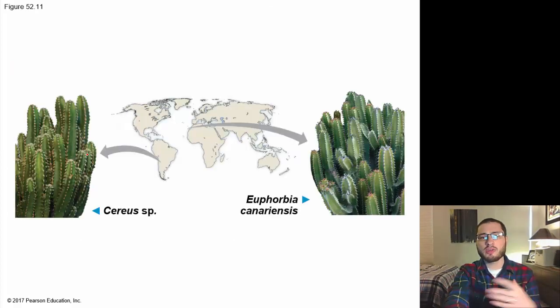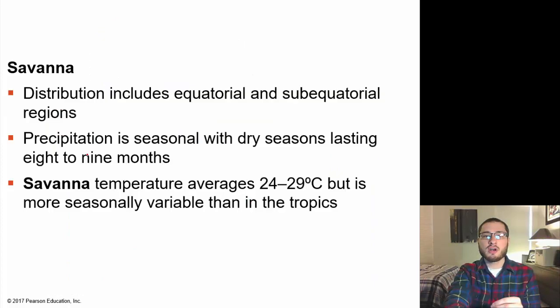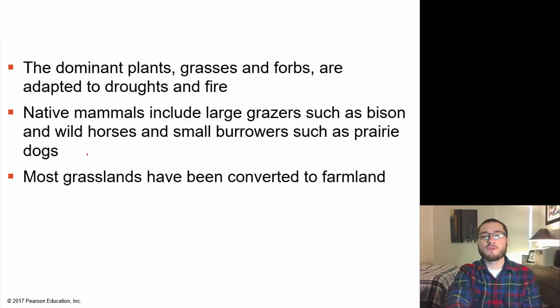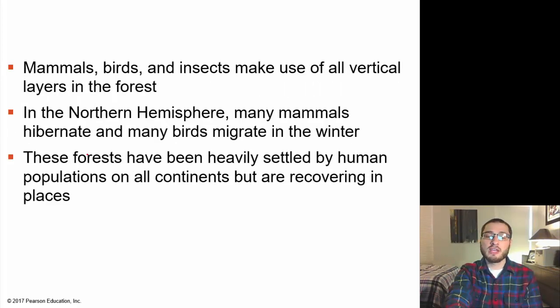And I don't want to go through each one of these different biomes because it's just very factual. So you should go through these biomes on your own in the textbook.